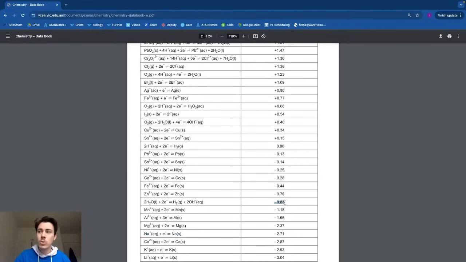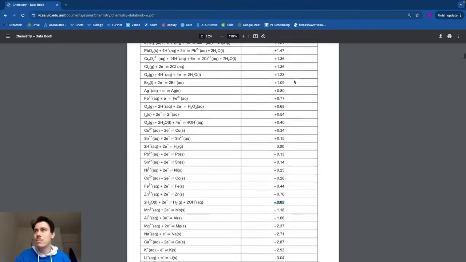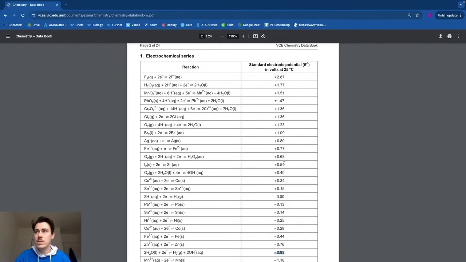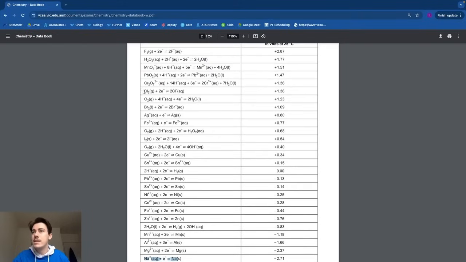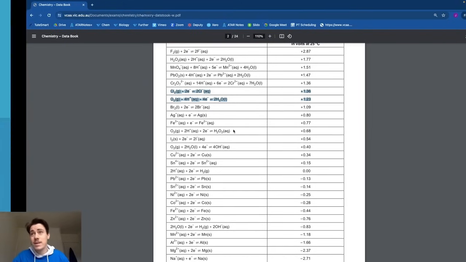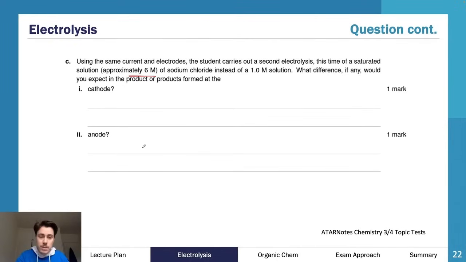This is nearly 2 volts different, which considering there's not even 6 volts difference between the top and bottom, that's pretty significant. There's a big gap between this and this. Now, if I come here and I get these two, there is a small gap, 0.13. It's a tiny gap. Therefore, it's really important to start understanding how the electrochemical series works.